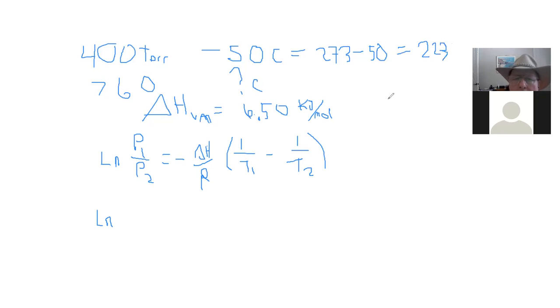Now, R is 8.314, but it is joules per mole times K, so you either have to multiply this by 1,000 or divide that by 1,000.